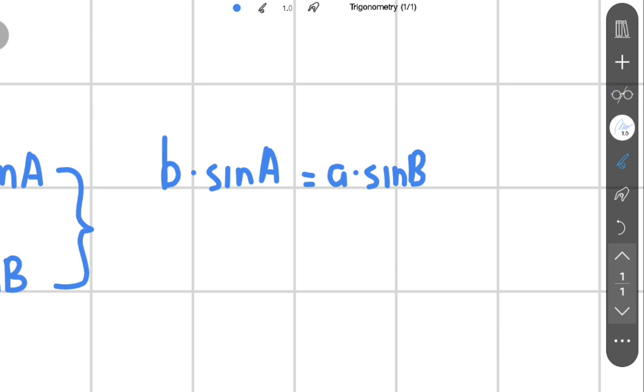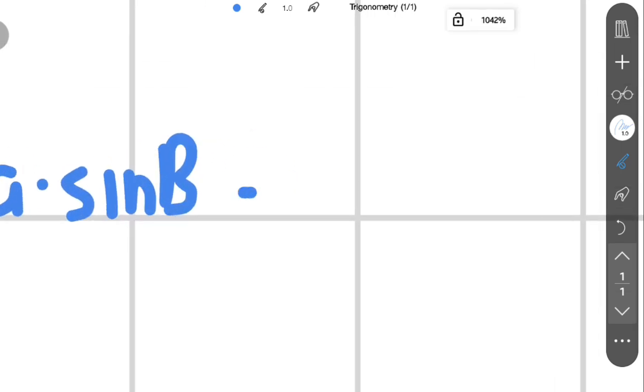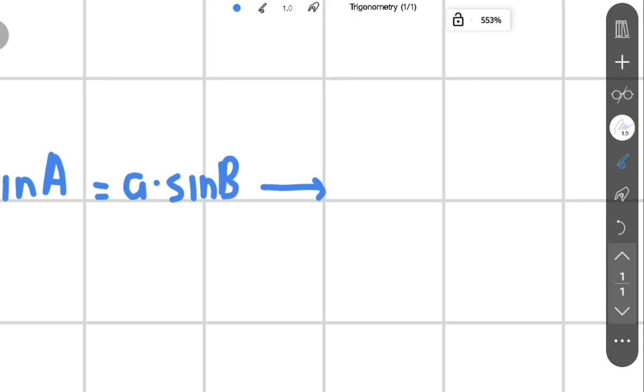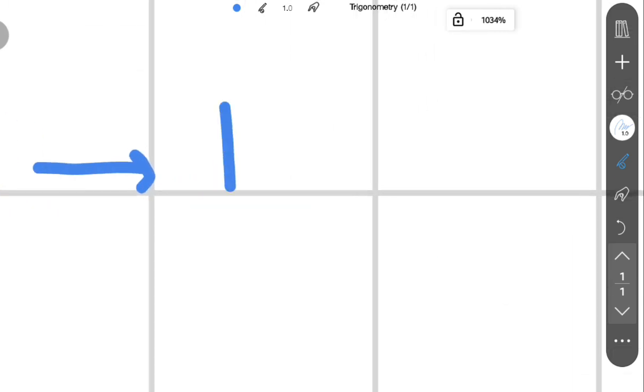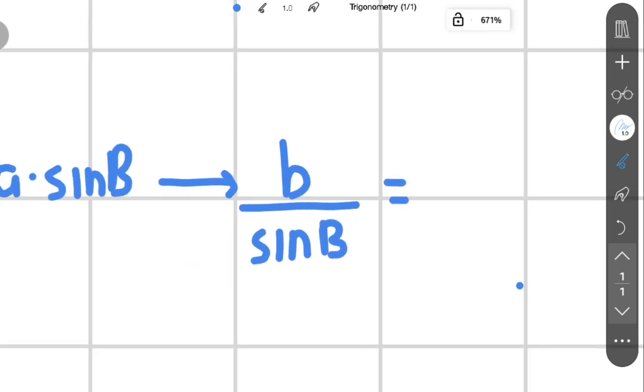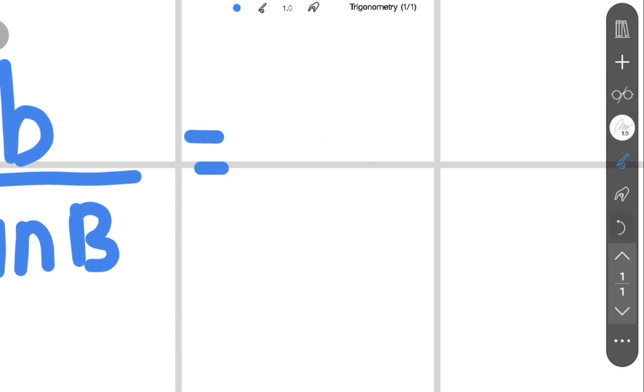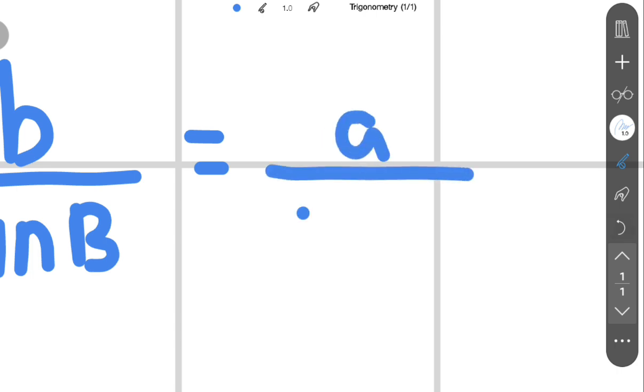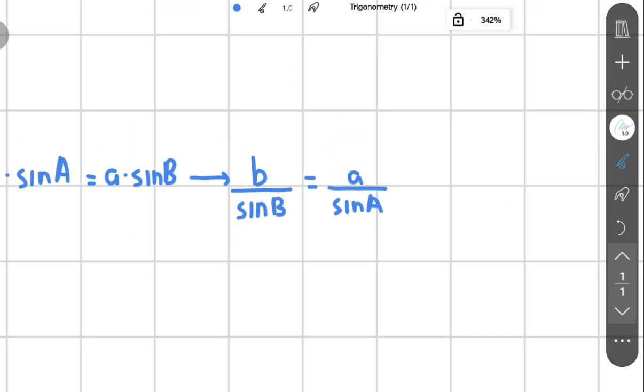So what I'll do here is that I'll just divide both sides by sine A and sine B. So if we get to calculate that after dividing them, we will be left with B over sine B is equal to A, let me write it properly, over sine A. And this is under the assumption that we just want to find the sides.